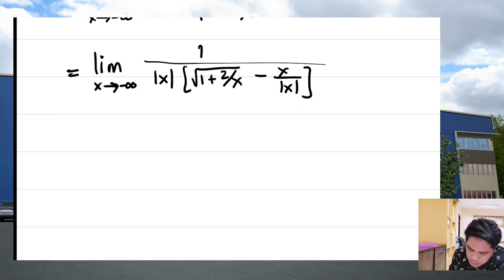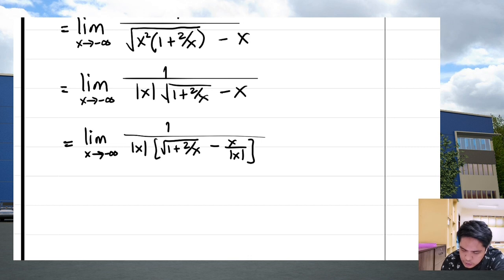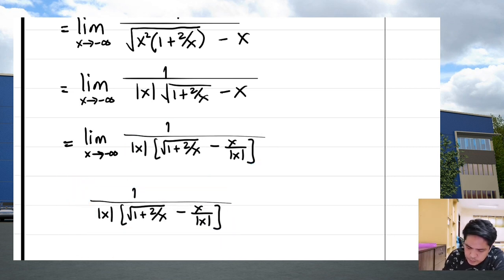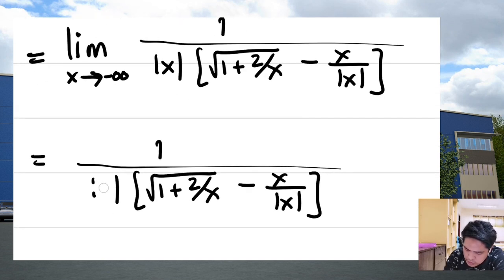Okay, so therefore we can evaluate now, meaning if we now use this function, let me copy that and substitute all x by infinity. So this is negative infinity and this becomes negative infinity.